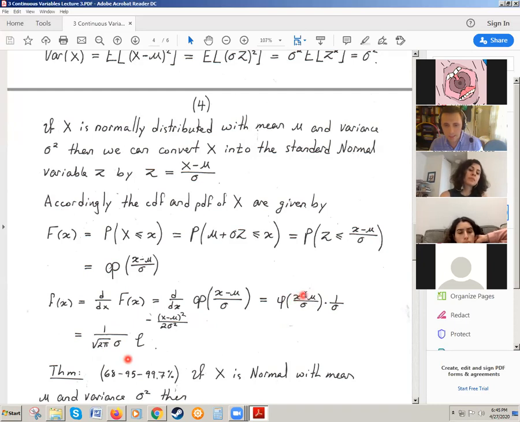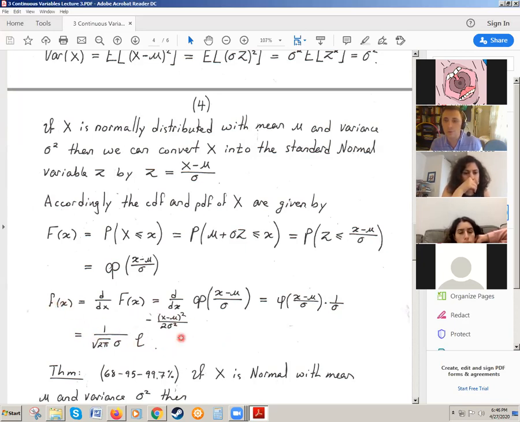This number I have to square and divide by 2, so that's what I get. And then the 1 over sigma I can carry over here, and that is your normal distribution, right? I'm hoping that because we started with the standard normal, you can more quickly figure out what's the density function for the normal distribution.